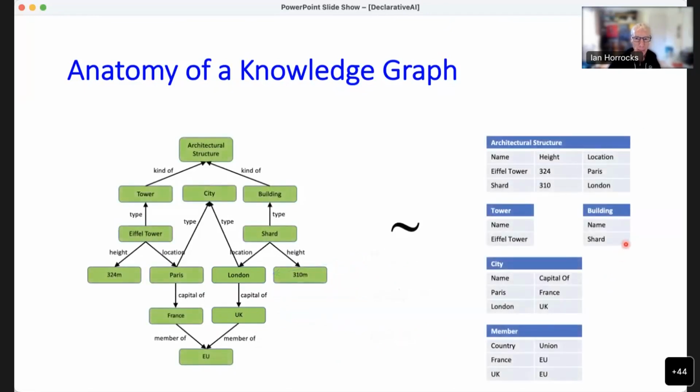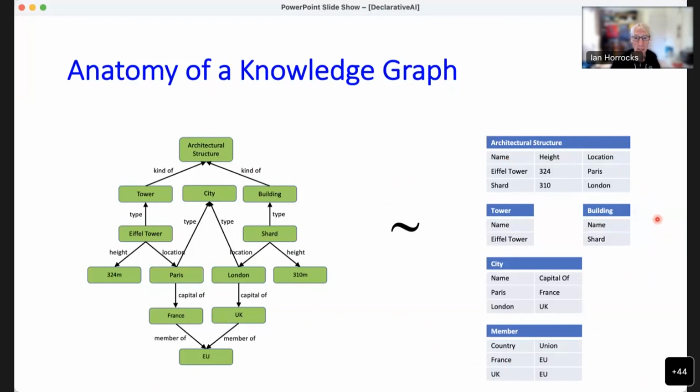So the first thing I'm going to say is actually that I'll mention in a minute some of the nice features of graphs, but we should also recognize that they're in quite close correspondence with relational databases, and I could capture the same information that I have in this little fragment of a knowledge graph in a relational database using this set of tables, for example.